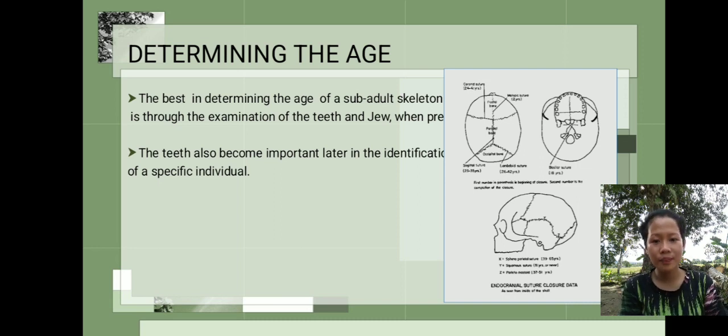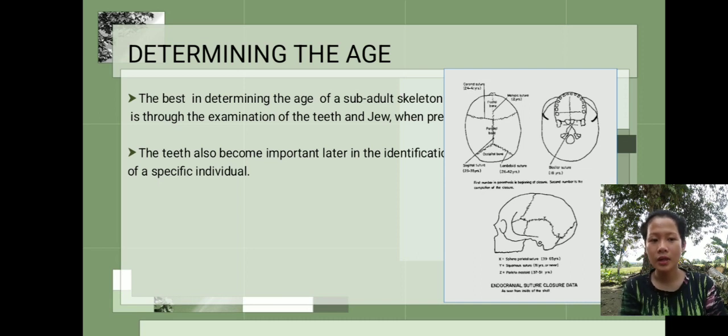Determining the age. The best way of determining the age of a sub-adult skeleton is through examination of the teeth and jaw. So the best way to determine the age of a person who died without any identification is through their teeth and their jaw, if they still have them. If not, it is difficult to determine their age.